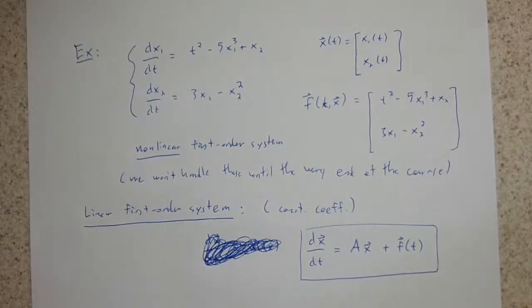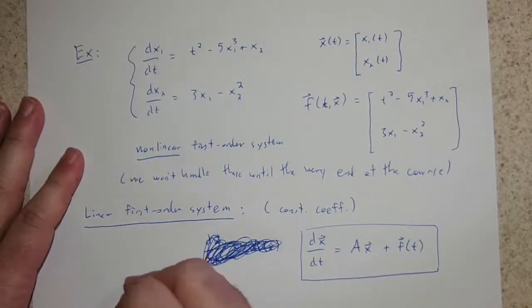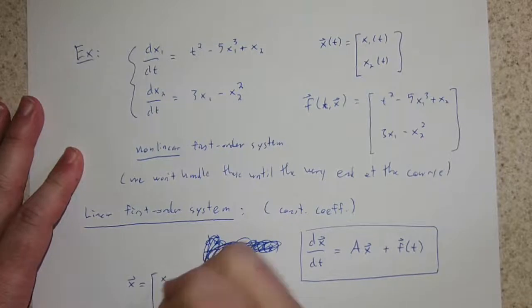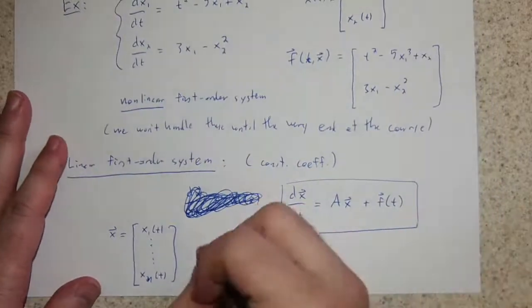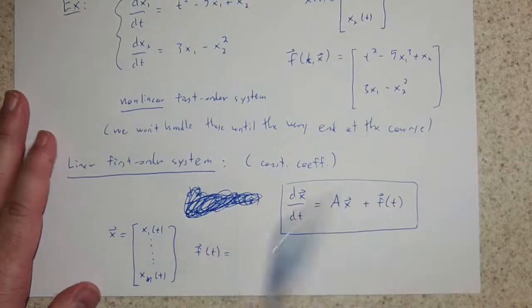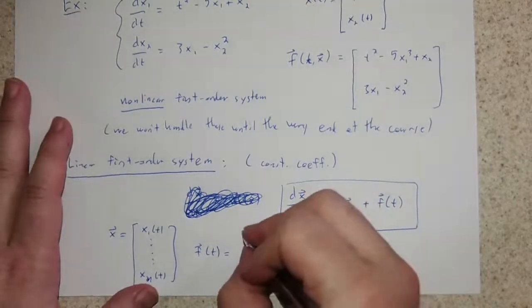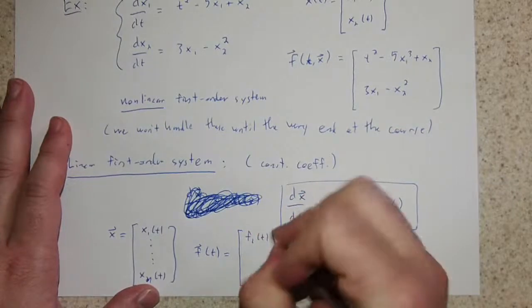Okay, so this is my way of writing this in a way that is convenient for our purposes, where this x is the vector of solutions, and this f of t is just a vector of right-hand side functions you can think about.